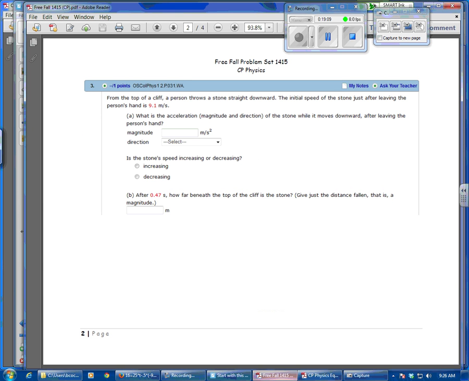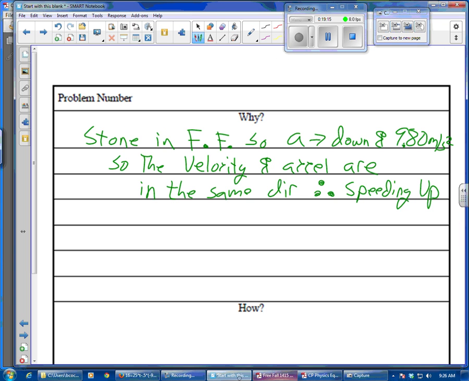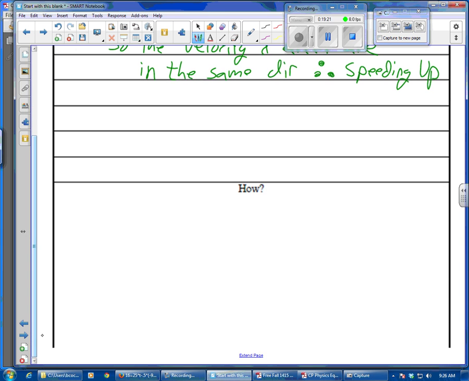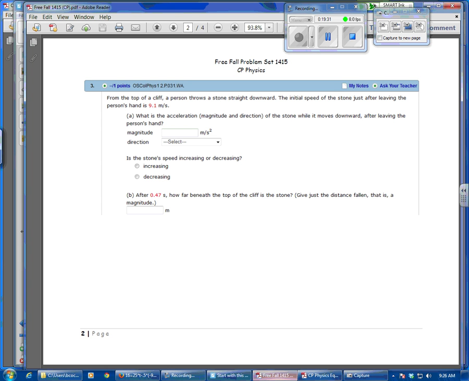After 4.7 seconds, how far beneath the top of the cliff is the stone? Just give the distance fallen, not its magnitude. Yes. Magnitude is size, numerical value. Well, what they're saying is, we don't want to tell you, so which way are we going to define positive?